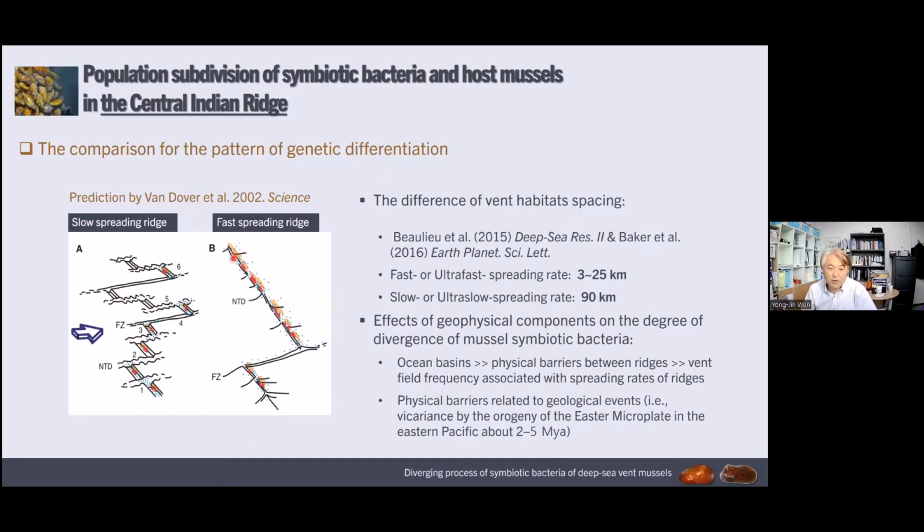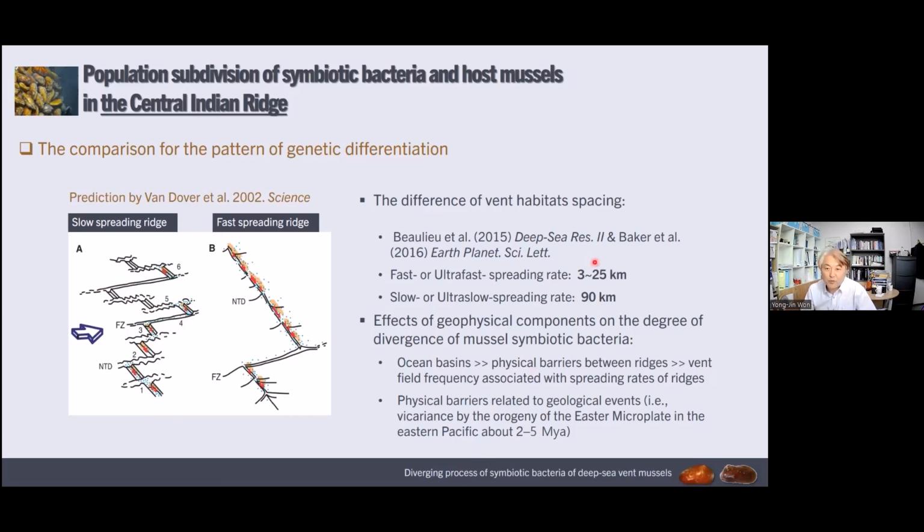She predicted that different ridge structure or geologic characteristics would influence the frequency of hydrothermal vent activity, and then such a configuration, like a fast spreading ridge, very densely distributed, or here a slow spreading ridge where vents are separated away by transform faults or absence of vent activity, might have different results regarding vent organism evolution.